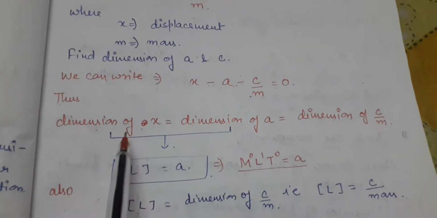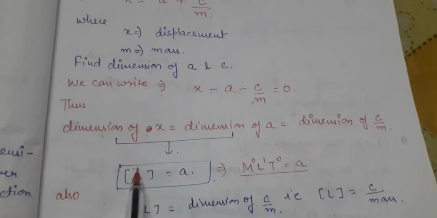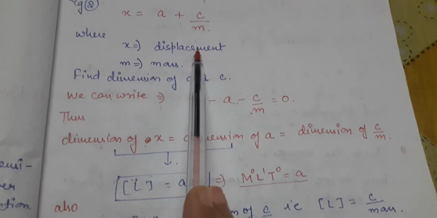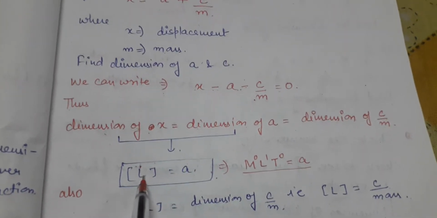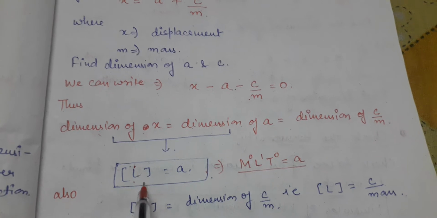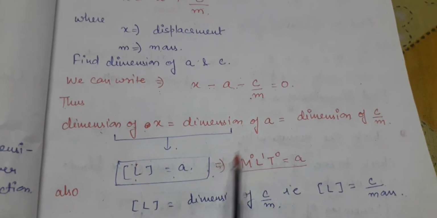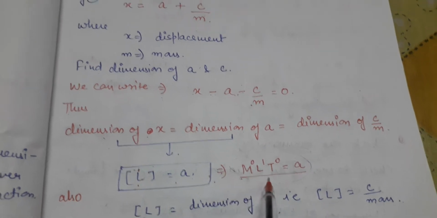First, if we compare, the dimension of x is equal to the dimension of a. What does x denote? X denotes the displacement. So we can directly write the dimension of x is L. So L = a, and the dimensional formula of a becomes M^0 L^1 T^0.